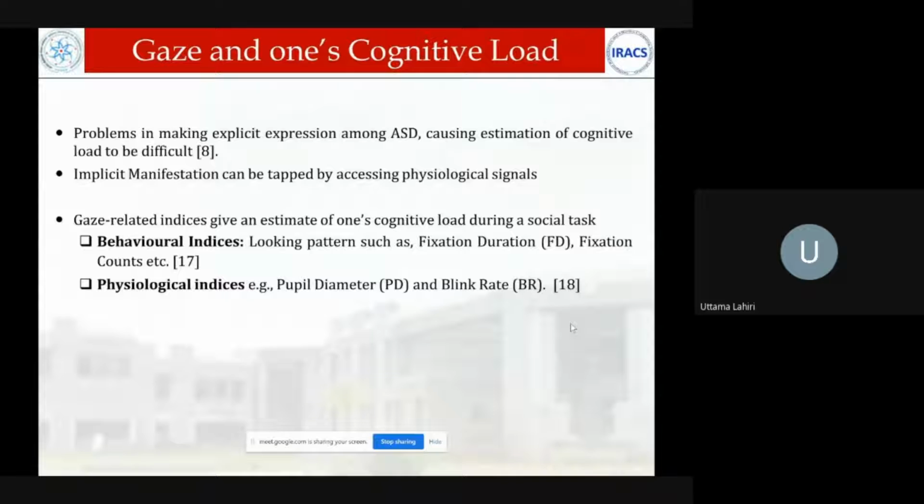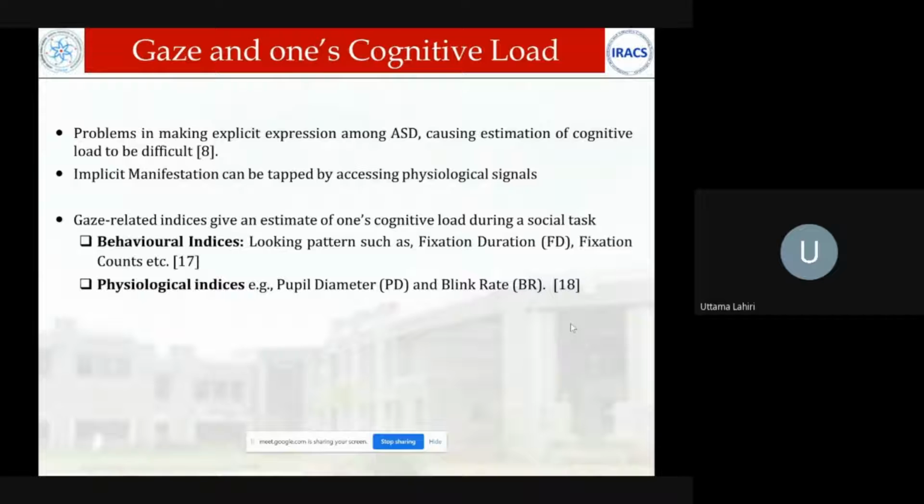The other is the physiological indices, which is gaze-based physiological indices, which is pupillary dilation, that is how my pupils dilate, and what is my blink rate, how often I blink. Because both pupillary dilation and blink rate have been shown to be related to one's affective state.